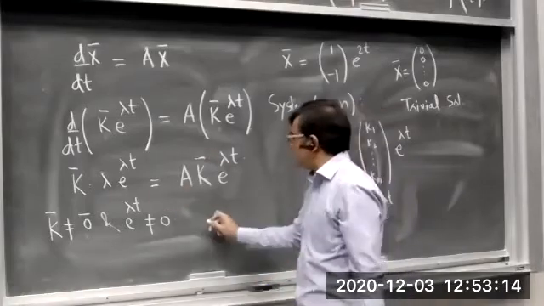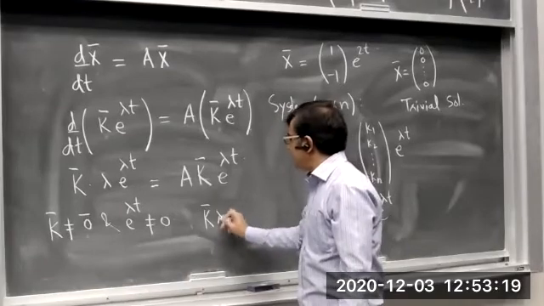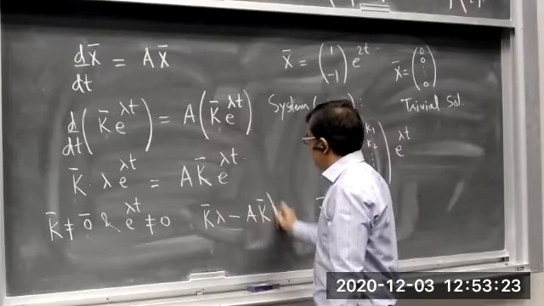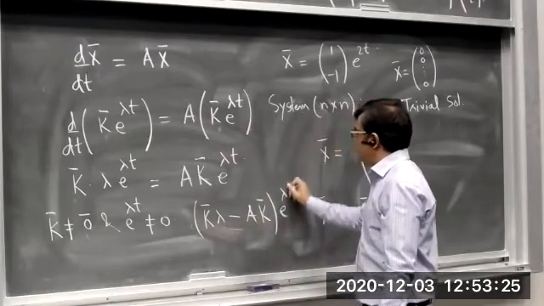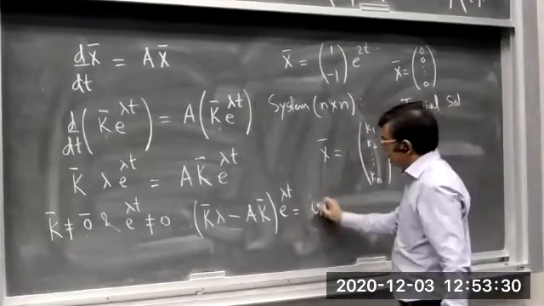Let us take this to the other side first. So what would it become? This k times lambda minus A times k times e raised to the power lambda t is equal to the zero vector.